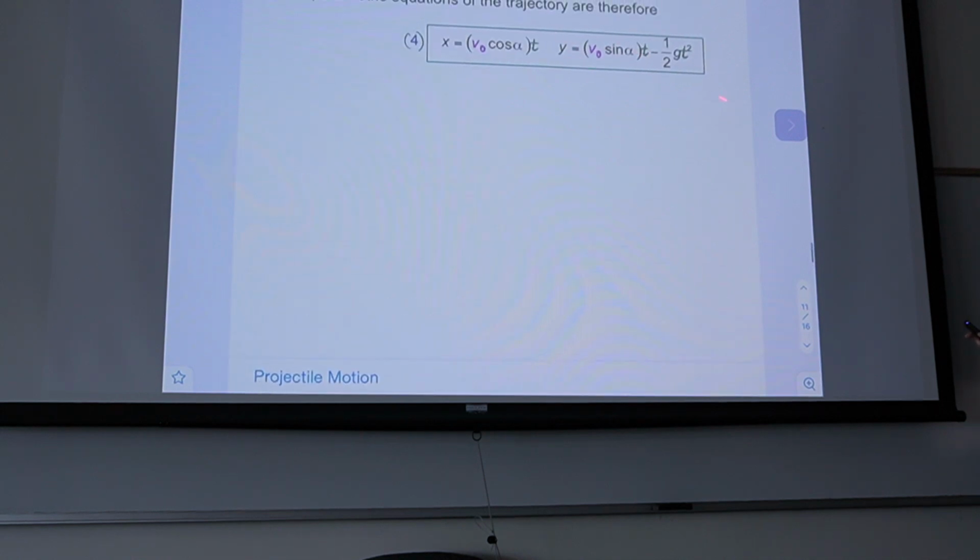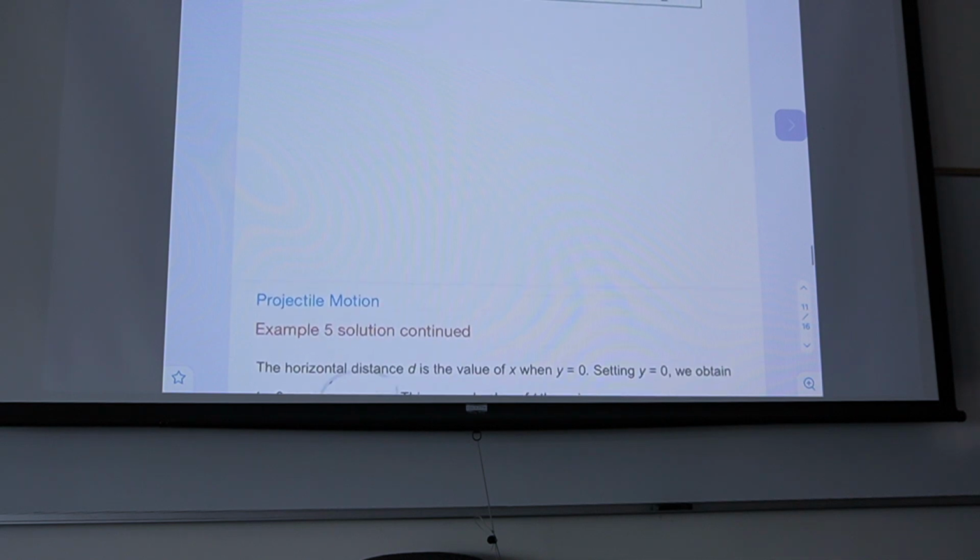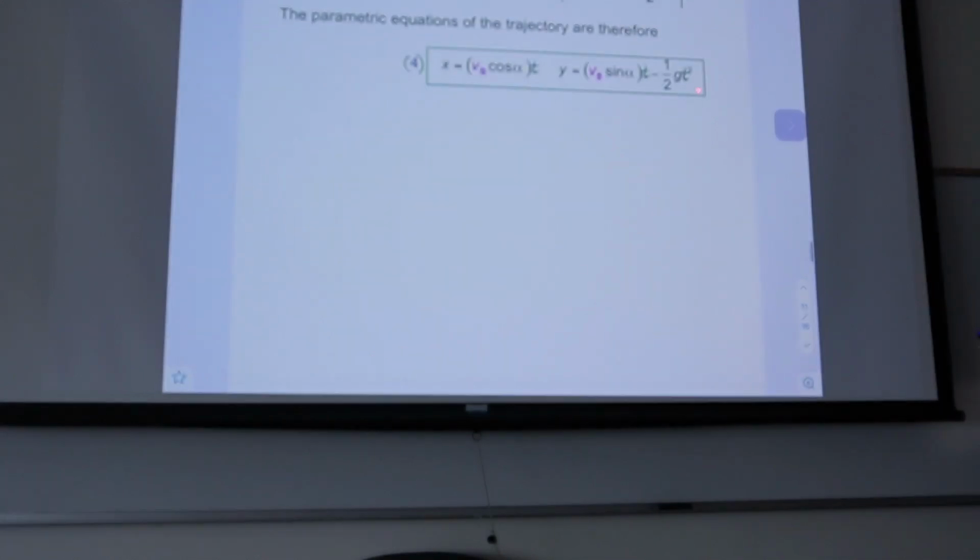You can take out a common factor t and factor that. So you get t equal to 0 or t equal to what? Can you work this out? Or t equal to 2 v naught sine alpha divided by g. Yes, you got it.